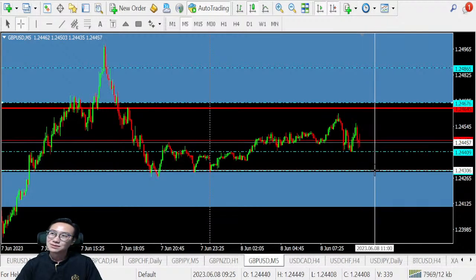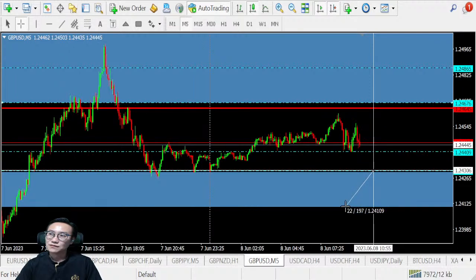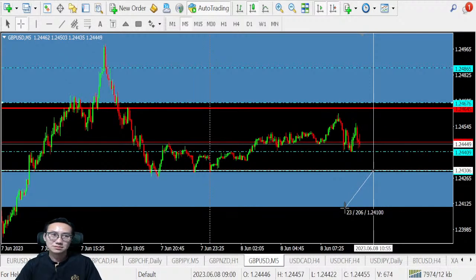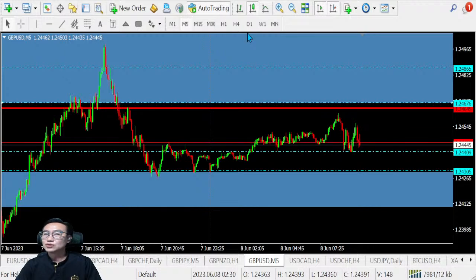If this is going to break into this area here, this is the area that I'll be looking out for, about 20 pips. So let's see how it goes.